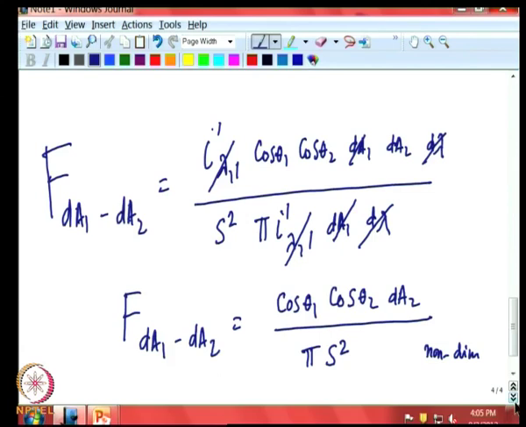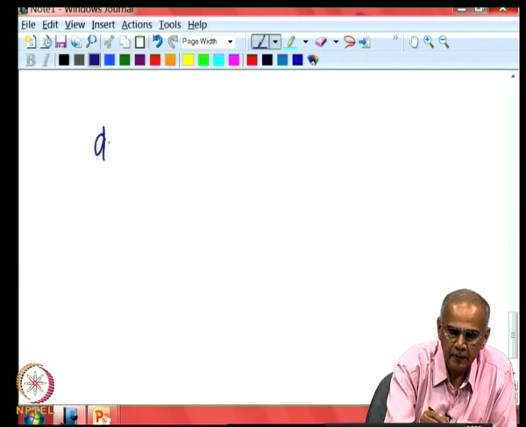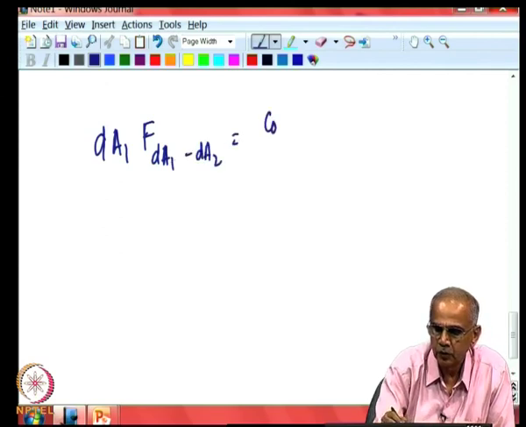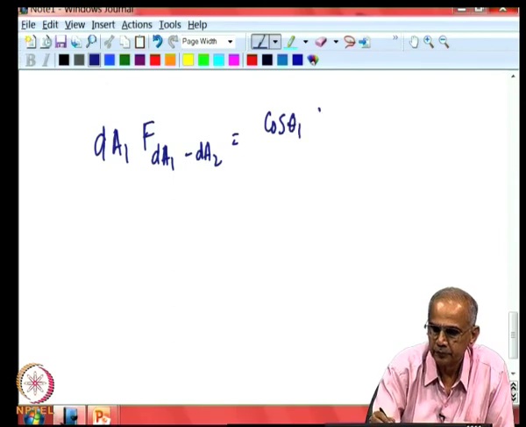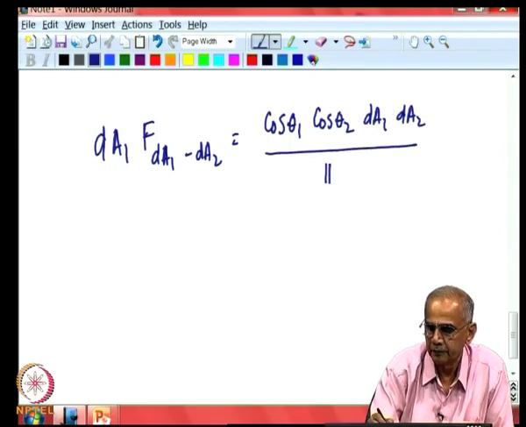Now, this relationship has some interesting features. Notice that dA 1 F dA 1 dA 2 will be equal to cos theta 1 cos theta 2 dA 1 dA 2 by pi s square.